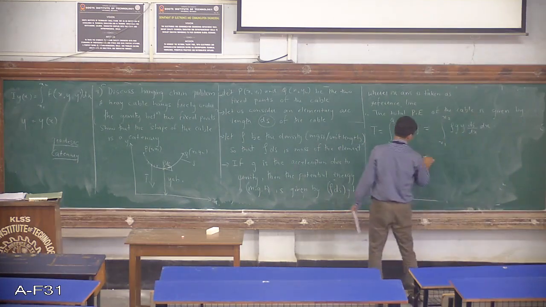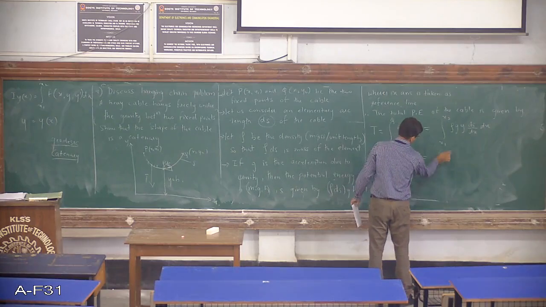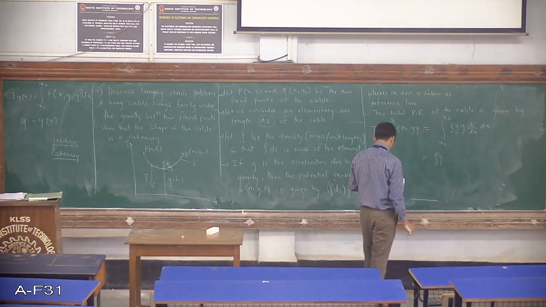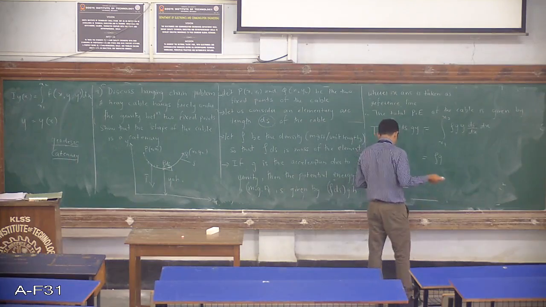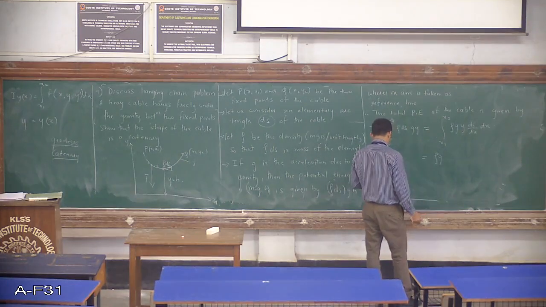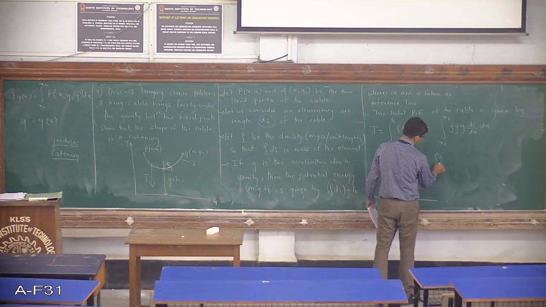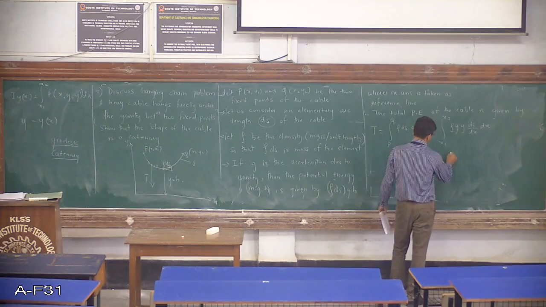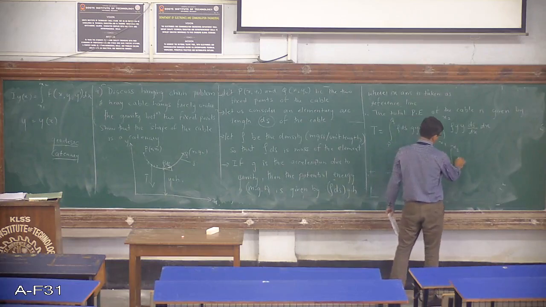Now this is equal to the integration of rho and G, which are constant outside, from x1 to x2 of y.